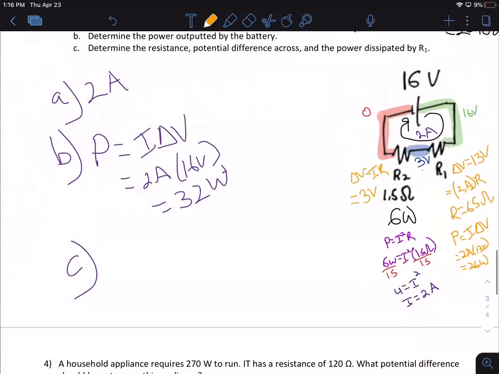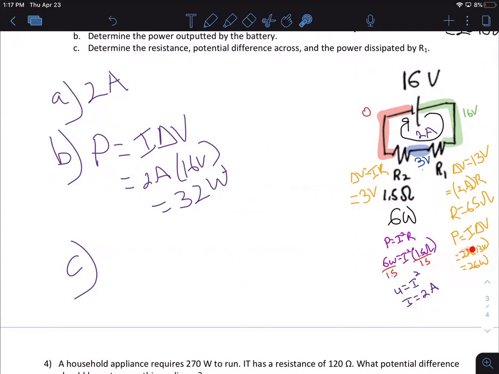All right, so that's the one way I could have done this. The other way, instead of doing all that, is I could have said the battery I found was 32 watts. This resistor is 6 watts. So the battery's giving 32, this is taking away 6. That means this has to be taking away 26, because 32 minus 6 is 26. And then I could have worked backwards and found these other things.